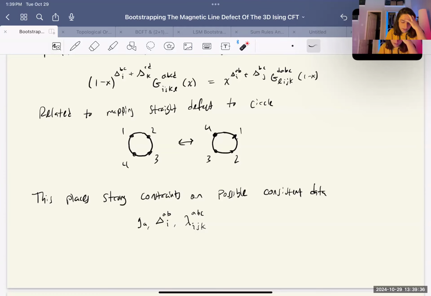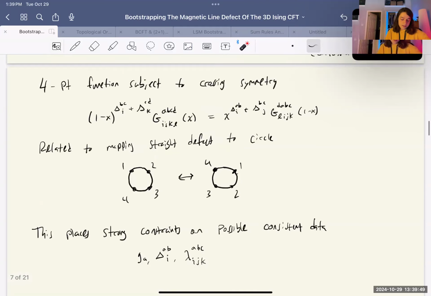One of these looks just like permuting the points that we insert all these defect changing operators on, on the circle. So the thing we're going to want to do in the bootstrap is use this crossing symmetry, choose some set of operators to impose these relations on, and then study the constraints that we get on different aspects of the CFT data that enter the game.